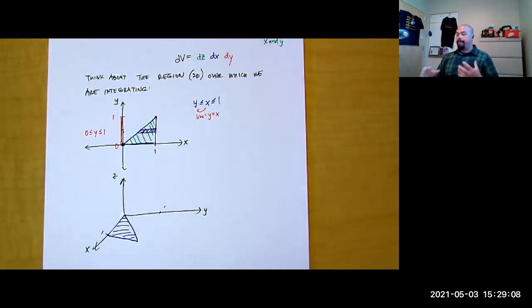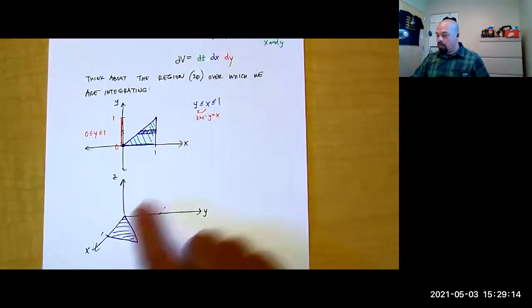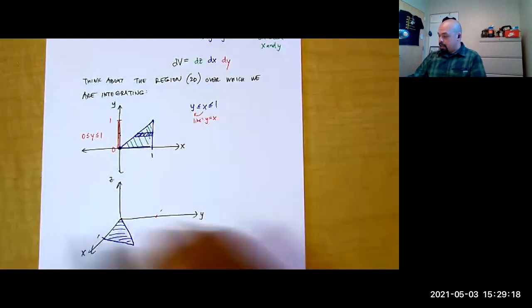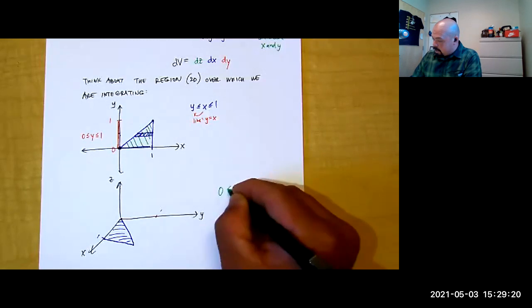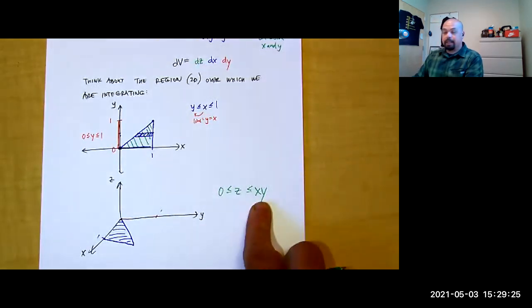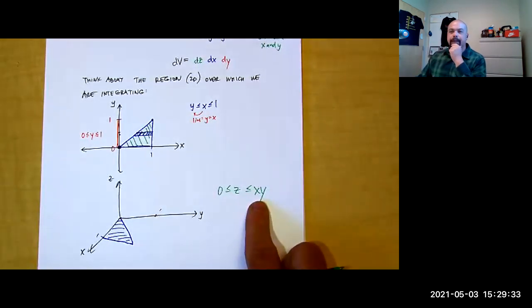Okay. And then over that, right? Now we have to consider that z goes from 0 to the surface x times y, right? And that may take some time to think, well, what does this look like?